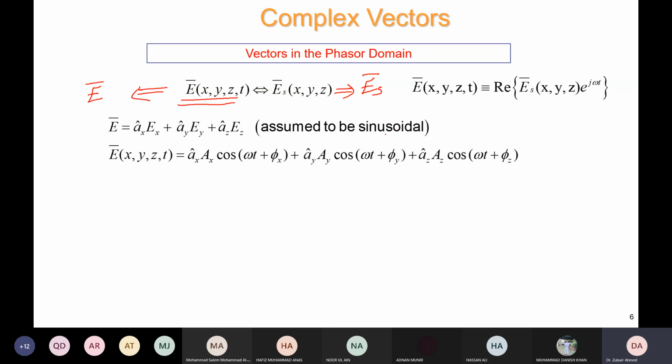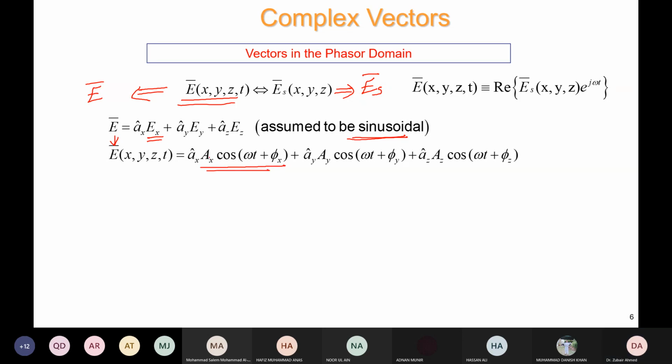Because this vector must have three components in general. Now if we are talking about time harmonic quantities, if we assume that they have time harmonic or sinusoidal variations, then we can write this. Please note that E and E of x, y, z, and t are one and the same thing. This is just shorthand notation. So for the sinusoidal case, we can write EX as AX cosine of omega t plus phi x.